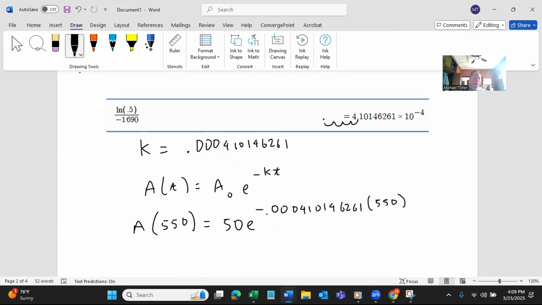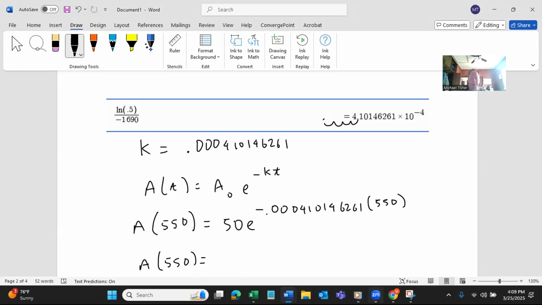Now we're going to calculate A of 550. We just have to simplify 50e to the negative 0.0004101 46261 times 550.